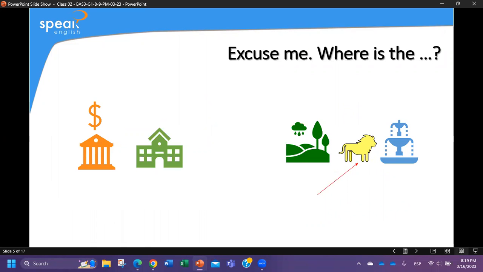Okay, what about the next picture? What are the two places? A bank. Okay, a bank. So, excuse me, where is the bank? The bank is next to the school. Excellent, very good. The school. Now, what about the other picture?